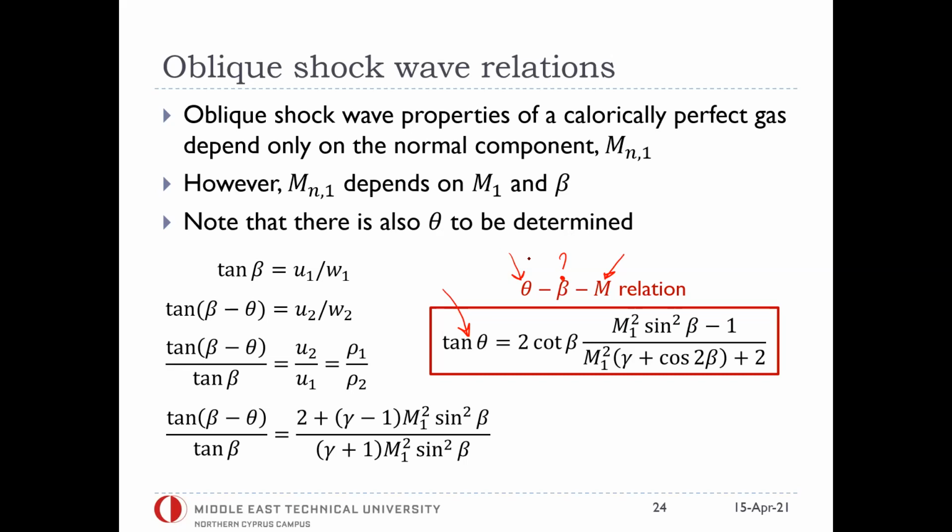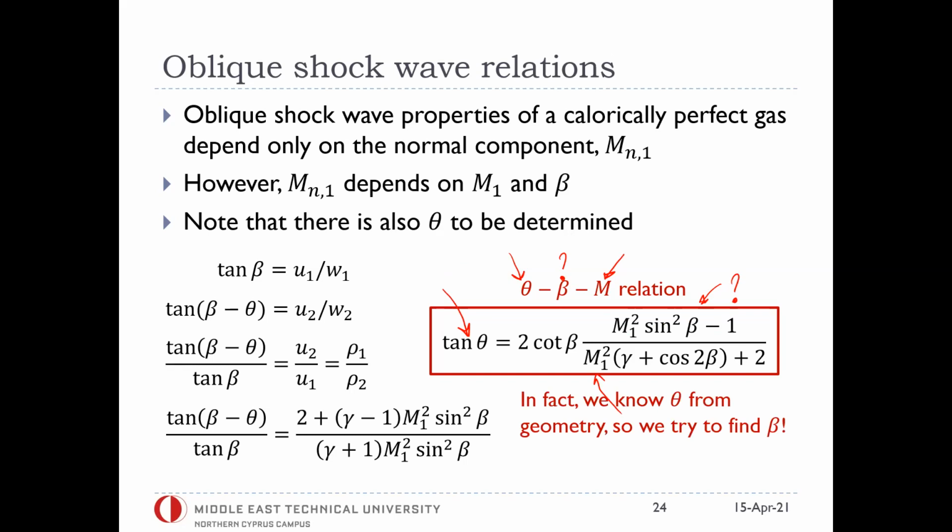M1 is also an input. The unknown is beta, but it's quite difficult to isolate beta to the left-hand side of this equation. So generally, in aerodynamics problems, we use a chart to find the beta angle, the shock wave angle.